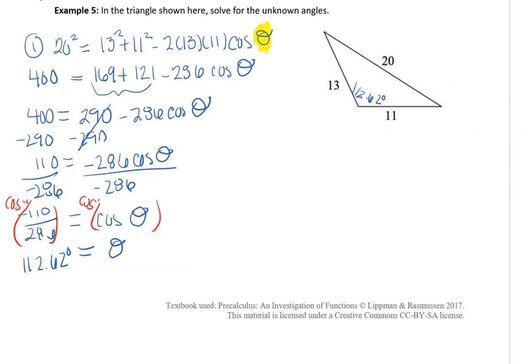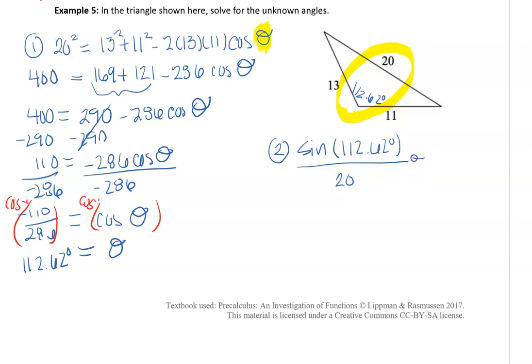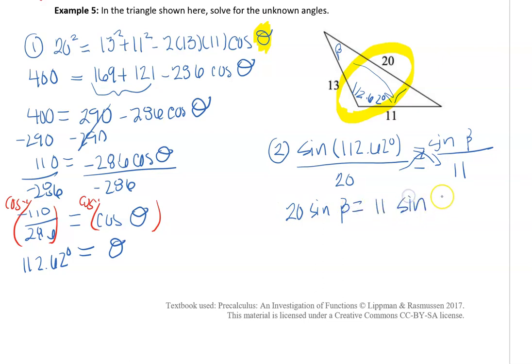Now that I have that ratio, I'm going to go back to my law of sines. And I'm going to say sine of 112.62 degrees divided by 20 is equal to sine of, let's find this angle up here, let's call it beta, sine of beta over 11, because I'm just using the side that's opposite of it. Cross multiply, that gives me 20 sine beta equal to 11 sine of 112.62.